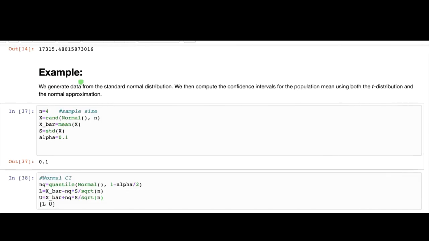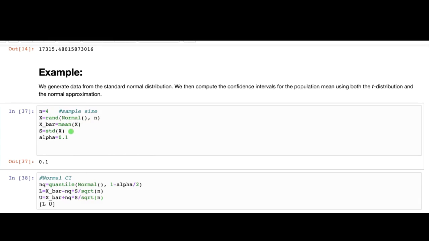Consider the following example. We generate data from the standard normal distribution. We then compute the confidence intervals for the population mean using both the t-distribution and the normal approximation. We start with a very small sample, a sample size of 4. We generate data from the standard normal distribution, in other words 4 data points. We find the sample mean and the sample standard deviation.